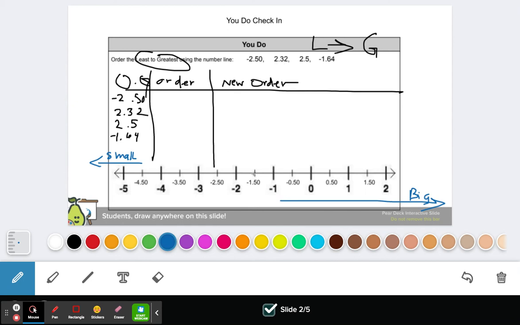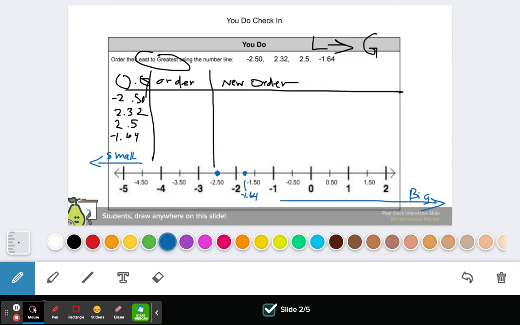So I'm going to compare negative 2.50, which is right here, on my number line, and then I'm going to compare to 1.64 hundredths. So this is 50. I'm going to guess to about right here. Okay, my negative 1.64. So negative 1.64 on my number line.